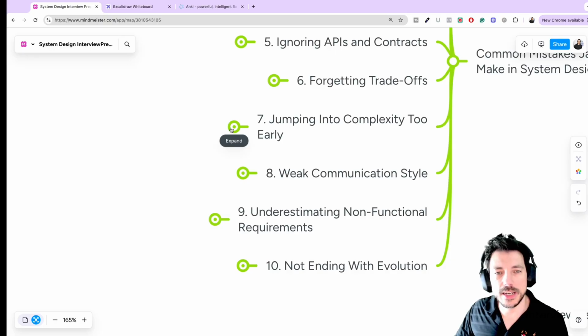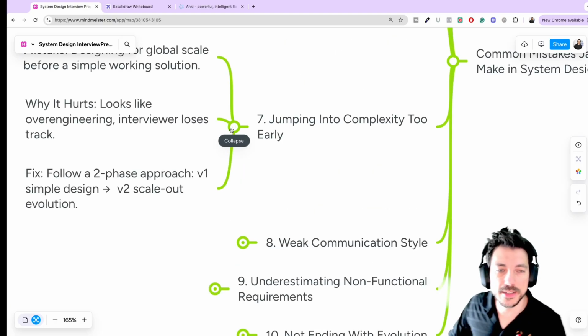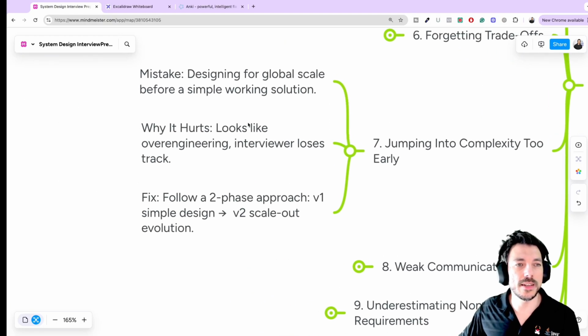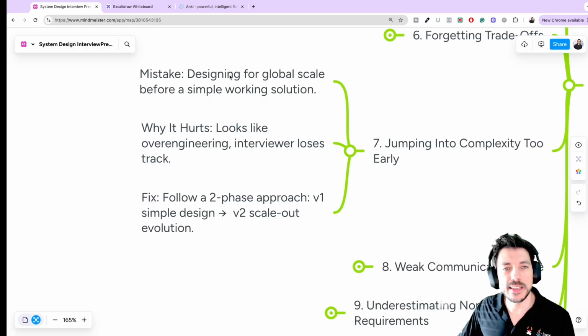So, okay, number 7 is jumping into complexity too early. So what is that? The mistake is to design for a global scale before a simple working solution. And by the way, I always ask the interviewer if they want something very complicated. Why this hurts is because it looks like over-engineering, and the interviewer also loses track.